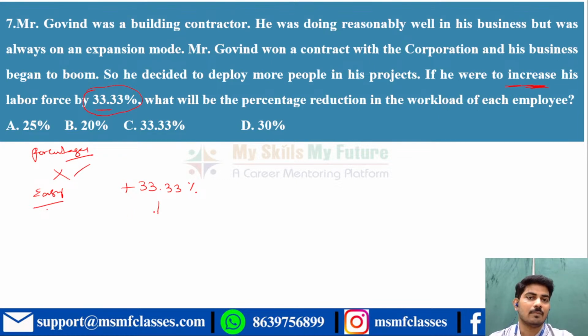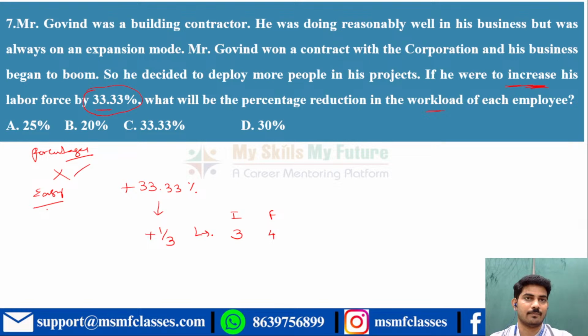So this can be written as plus 1 by 3. In order to solve this problem, I will use the initial and final method. Initially there are 3 employees, let us assume, and after that he is increasing one part of employees. So it will become 4. Now, what is workload? The labor force is increasing.